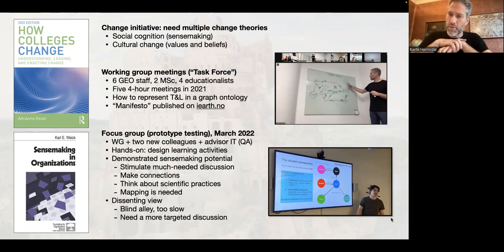So some of the comments point to the fact that it does stimulate discussion, and it's this type of discussion that we really need. And it's great to be able to make connections between the different elements of teaching and learning. And it's very useful to think about scientific practices as this generic concept that connects many of the things that we do. And mapping is needed to improve the bachelor program.